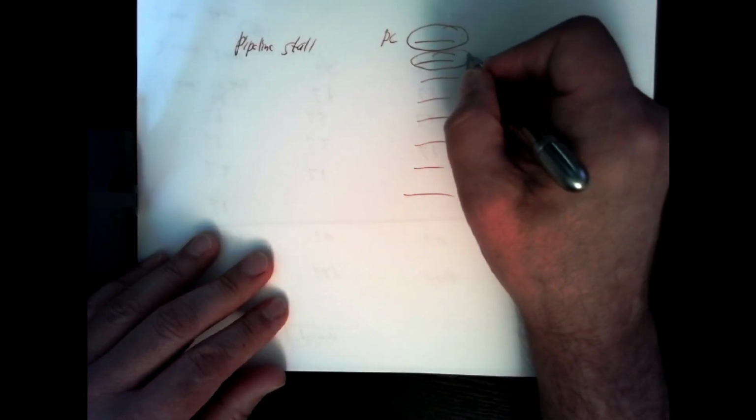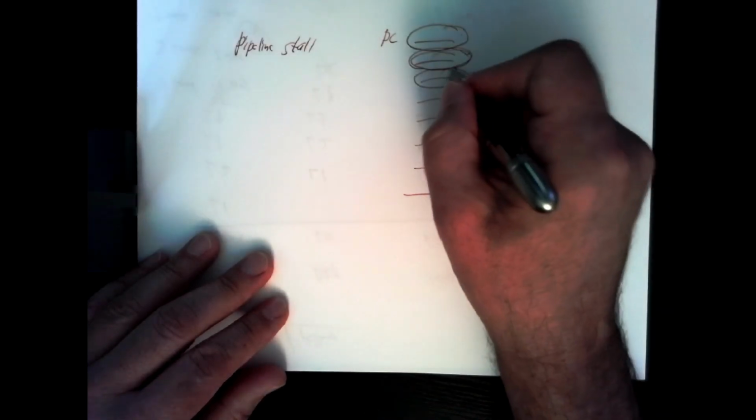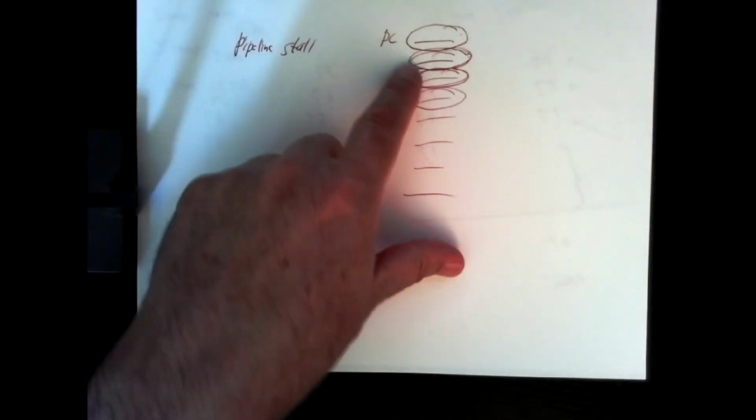But while we start executing this, we're at the same time fetching the third instruction. And then when we're executing that, we're fetching the 4th instruction. And if we do this right, once our pipeline is full, it looks like every one of these instruction cycles, we complete a new instruction.